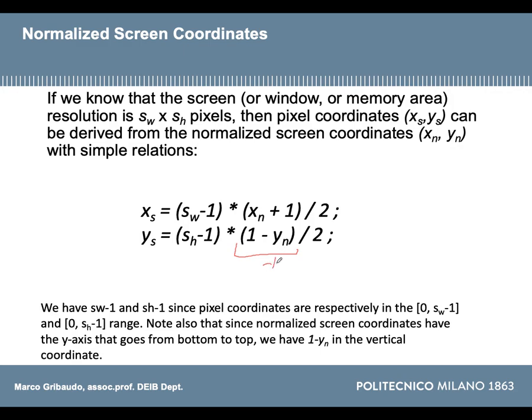Since y goes between -1 and +1, when we do 1 minus y, it will go from 2 down to 0, exactly the opposite. When it is -1, it will be 2. When it is +1, it will go to 0. So that when divided by 2 and multiplied by the height, we have the correct pixel coordinate.